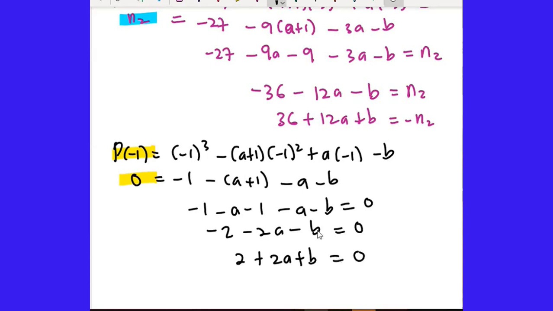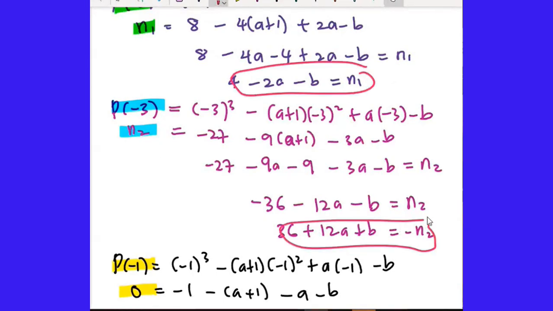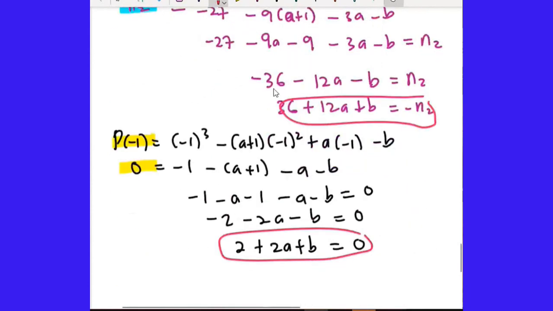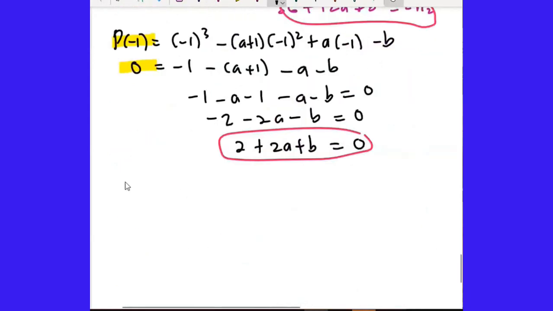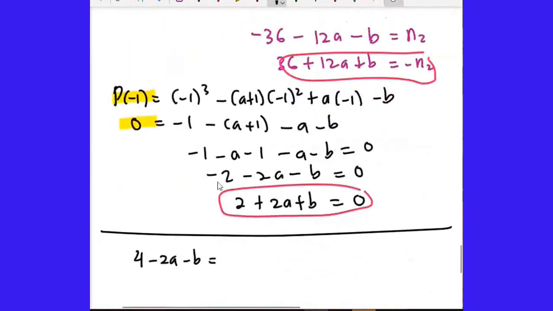Okay, we have the first equation, second, third. So I rewrite. 4 minus 2A minus B is equal to N1. Then 36 plus 12A plus B equals negative N2.